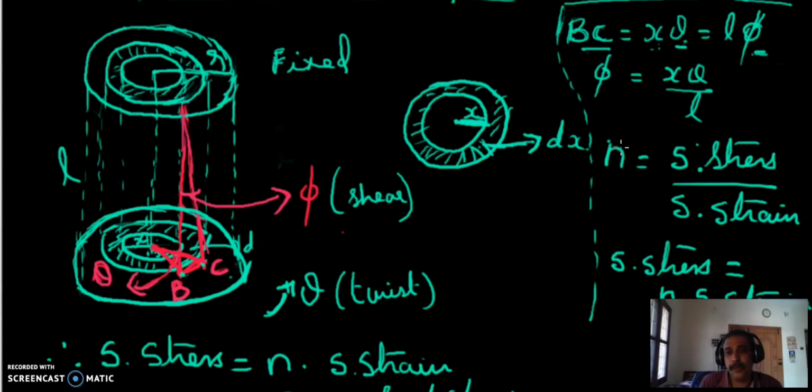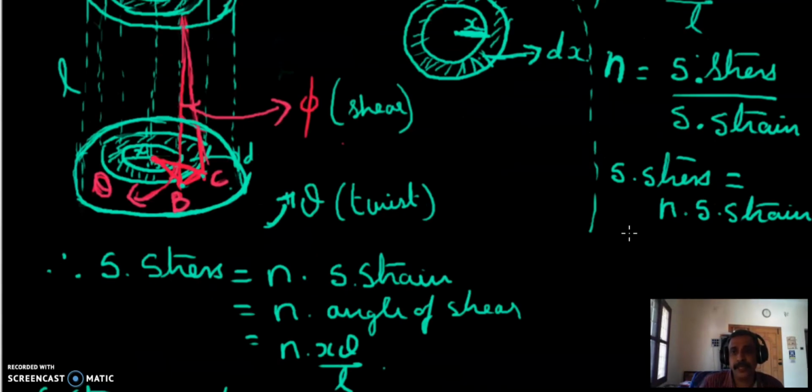From the previous video we know that the rigidity modulus N is equal to shearing stress by shearing strain. Therefore, shearing stress is equal to N into shearing strain, where N is the rigidity modulus.